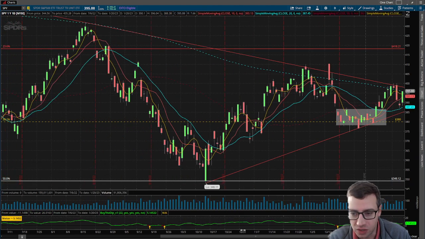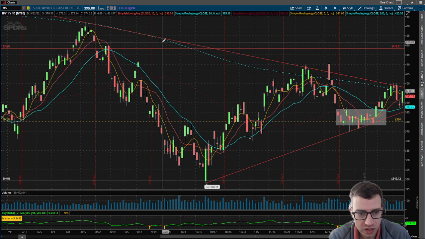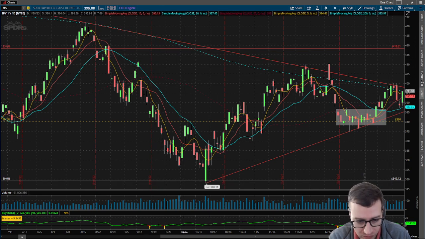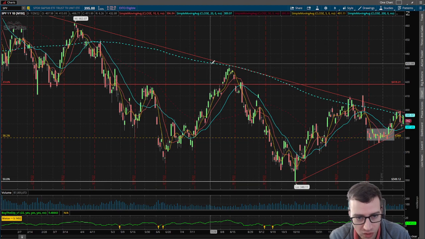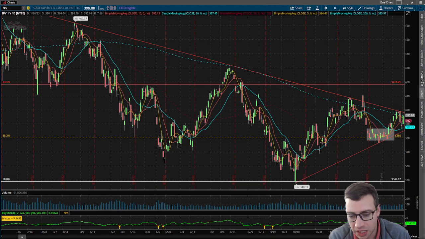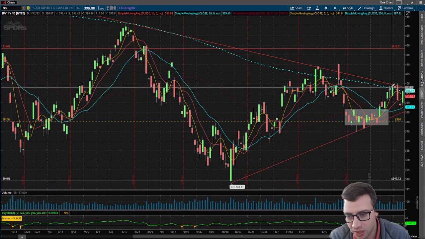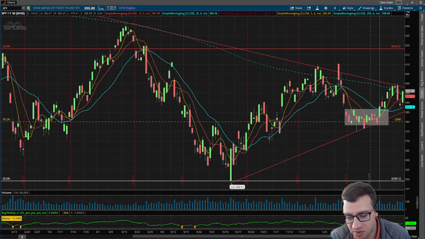A few other things of note that we should pay attention to. The 200 period moving average on the daily chart. Price has been firmly below it for quite some time, and yet price broke above it, rejected, broke above it, rejected, but we're seeing price coming back into it.